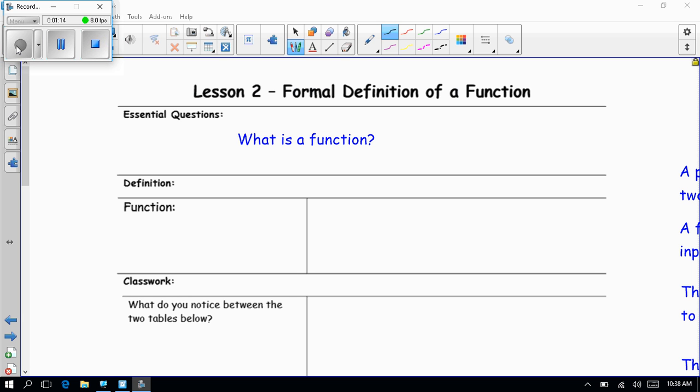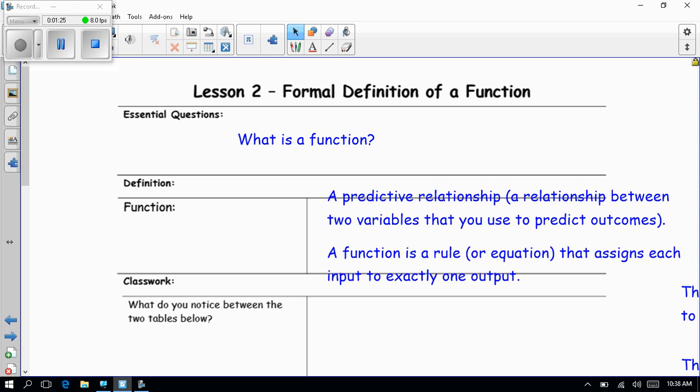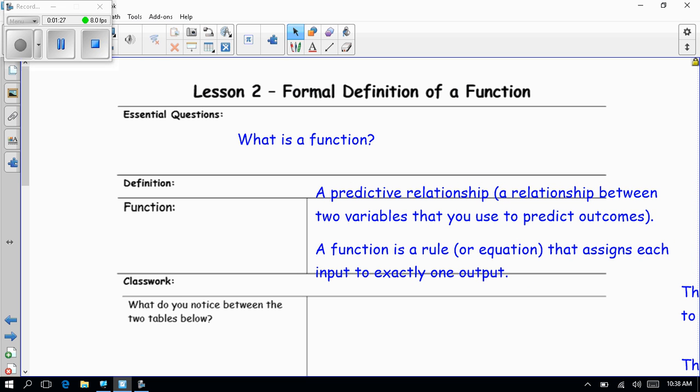We're already giving you some ideas about what a function is all about, but let's talk about it a little bit more in detail. This is going to be a two-part definition. A function is a predictive relationship. What does that mean? It's a relationship with two variables that you use to predict outcomes. So a function rule is the equation that assigns each input to exactly one output.